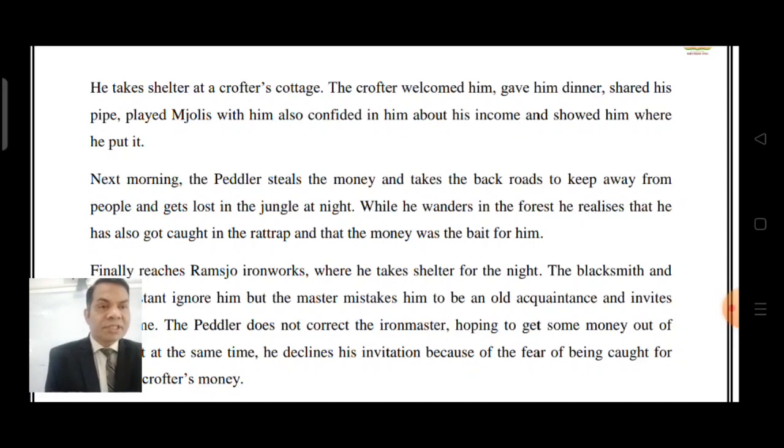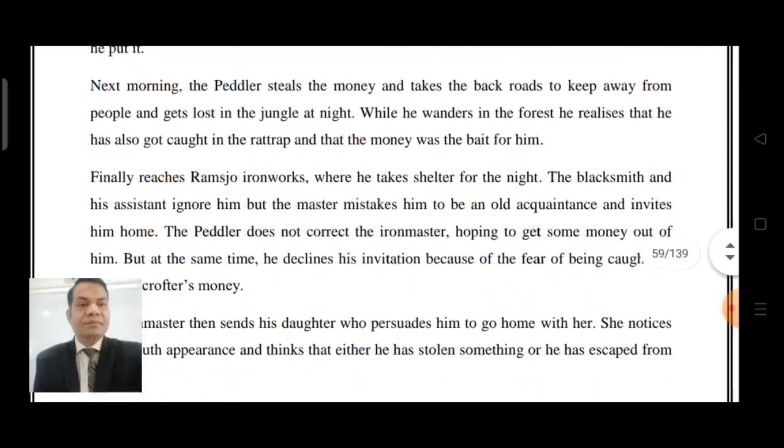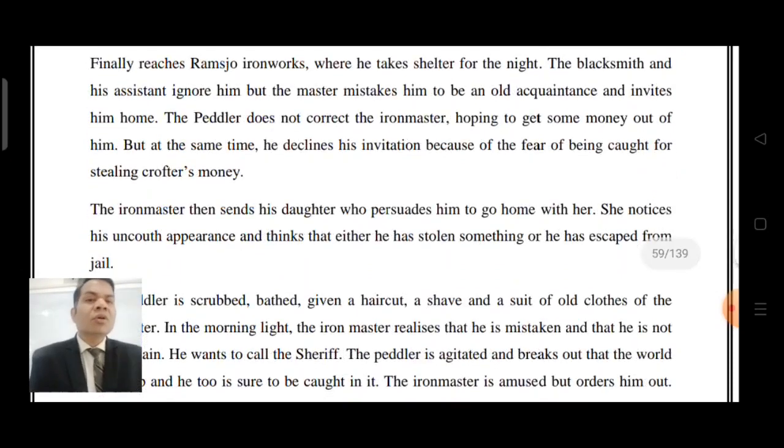While he wanders the forest, he realizes that he has also got caught in the rat trap and that the money was the bait for him. Finally he reaches Ramsjo Iron Works, where he takes shelter for the night.